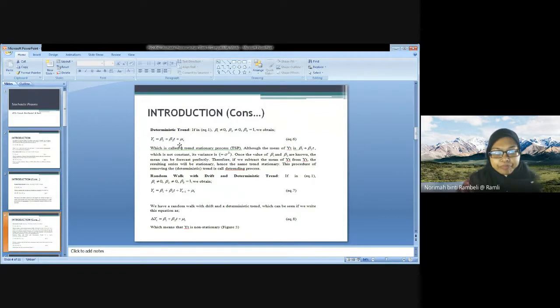But this is the assumption if your variable is not stationary, because there is no yt minus 1 in equation 6. If your system equation is stationary, it will become equation 7, where you have the variable yt minus 1: beta 1, beta 2 and beta 3 yt minus 1.